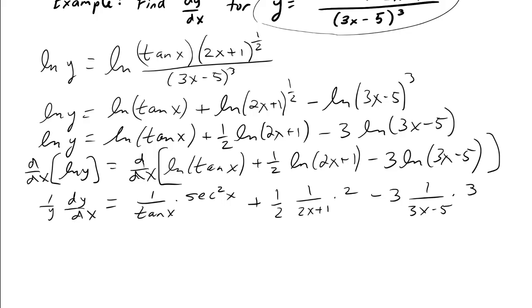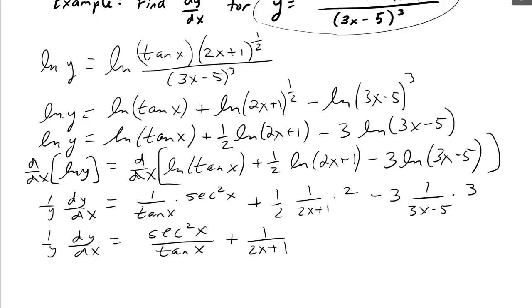And then we'll just simplify this a bit. So secant squared x over tan x, plus those 2's cancel out. And I'll get a 9 over 3x minus 5. And so what are we left with? So I'm going to do 2 steps in one here.